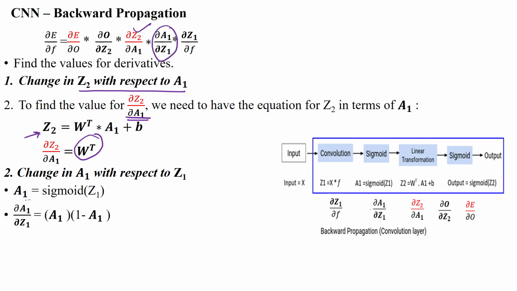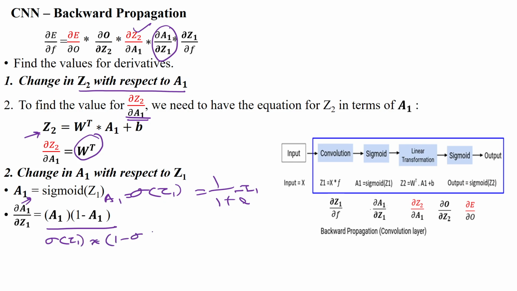When applying partial differentiation over sigmoid of g1, which equals 1 divided by 1 plus e power minus g1, and this is indicated with a1, you will get sigmoid of g1 into 1 minus sigmoid of g1. Since sigmoid of g1 is indicated with a1, that is a1 into 1 minus a1, okay? That's what we are getting.